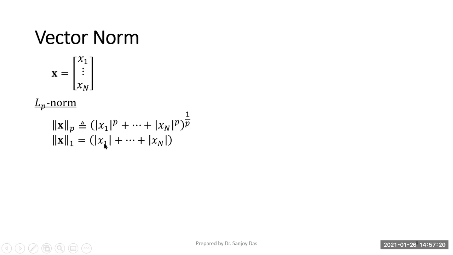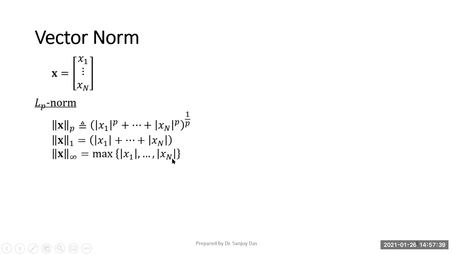That's the definition of the LP norm of a vector. The L1 norm is simply the sum of the absolute values of each scalar element of the vector x. For the infinity norm, we look at the absolute values of all the elements and pick the one with the highest numerical value.